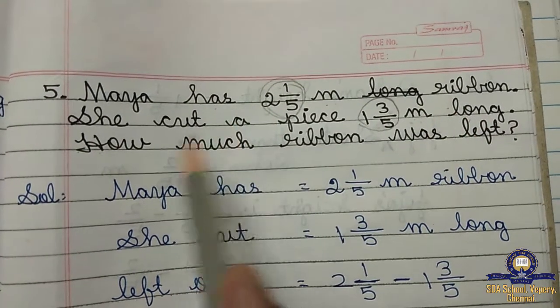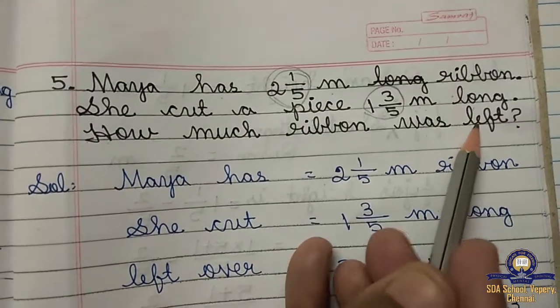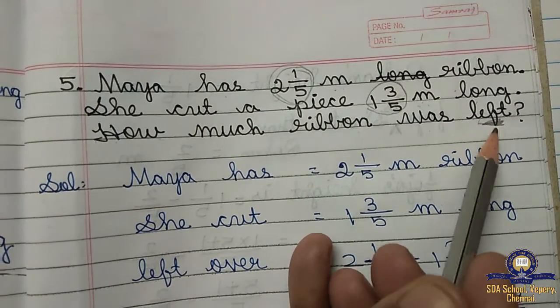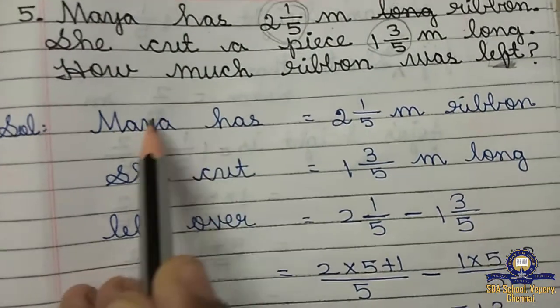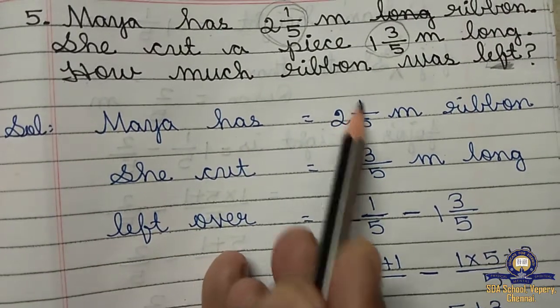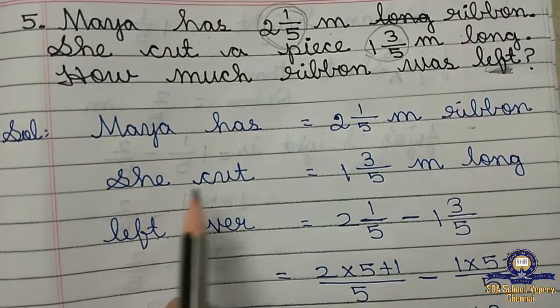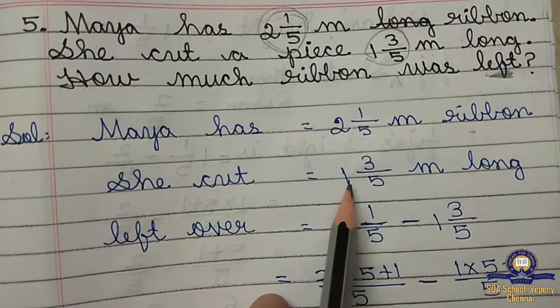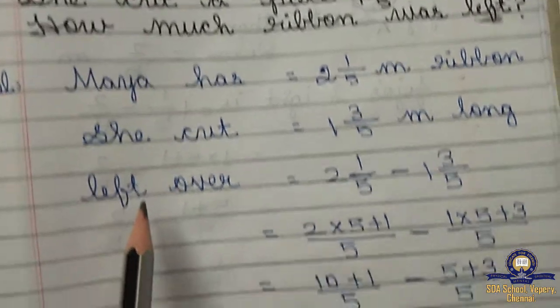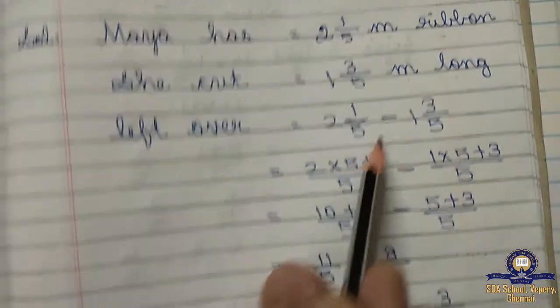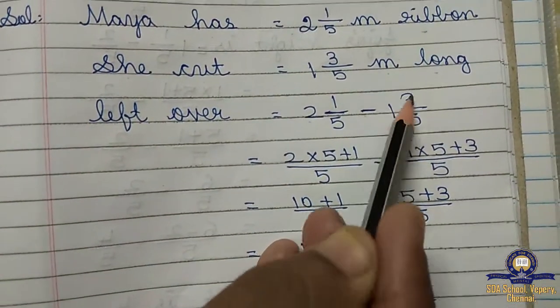So how much ribbon was left? Left means what, children? Subtract. So leftover is 2 1 by 5 minus 3 by 5.